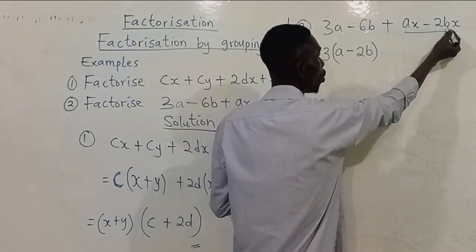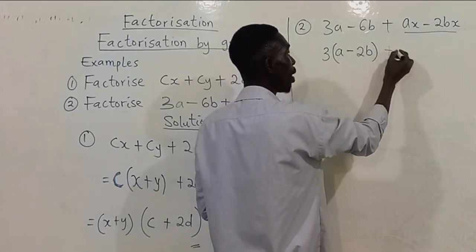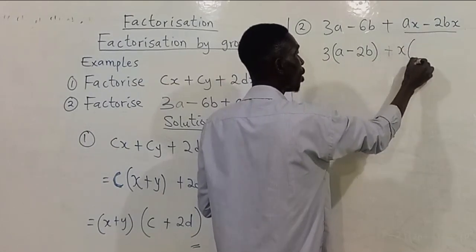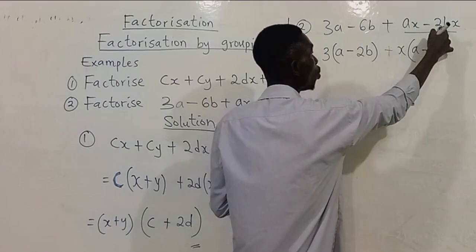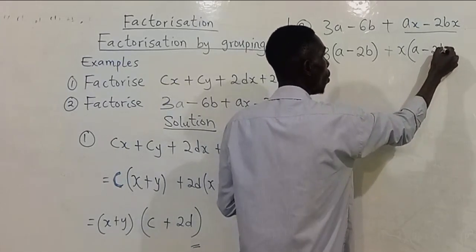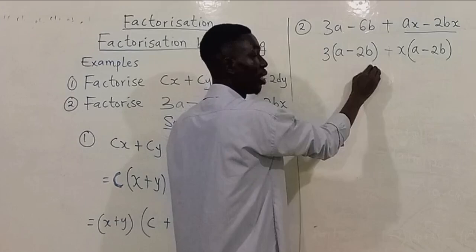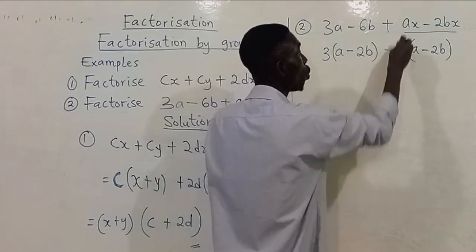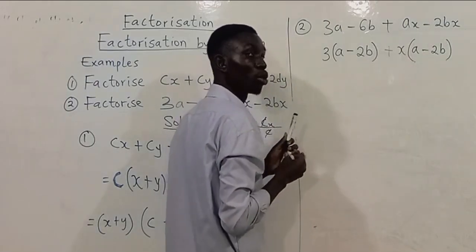We factorize it out. Ax divided by x, we are left with a, minus 2bx divided by x, we have 2b. If you expand this, we'll get back this. So we are done with the factorization of this second group.